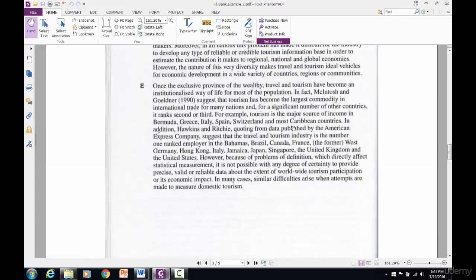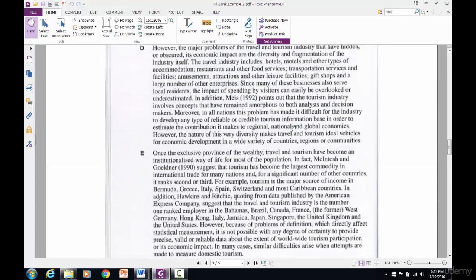When we look at this sentence, major source is the only language that's similar to most important. So our answer is going to be source of income. They would also accept income as an answer choice, but our answer here will be source of income because the word major is connected to most important.